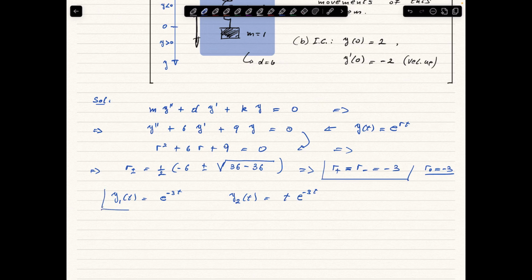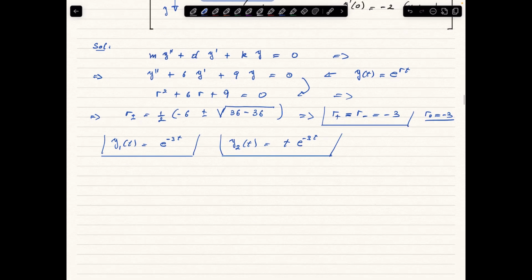So these are our fundamental solutions. Now that we have the fundamental solutions, we can write the general solution, y of t, which is going to be c1 e^(-3t), and then an arbitrary constant c2, t e^(-3t). These are all the solutions to the problem.